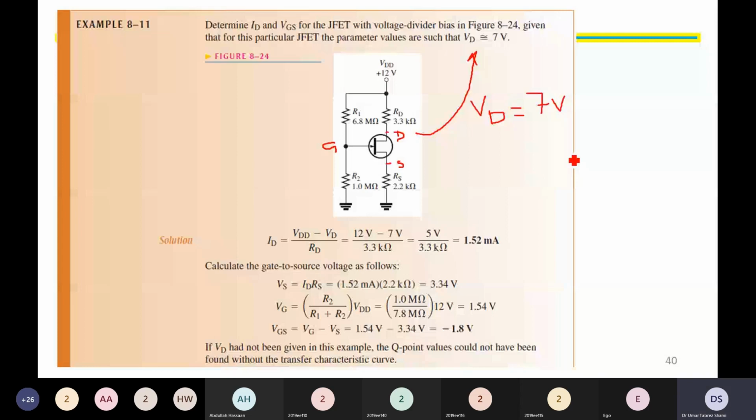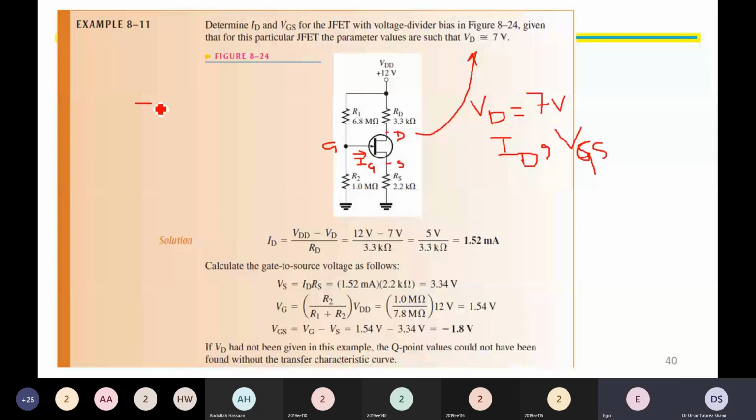We have to find the drain current and we have to find the voltage gate and source. Now, before looking into the solution, I have a question. What is the gate current? Let us first find what is the value of gate current.